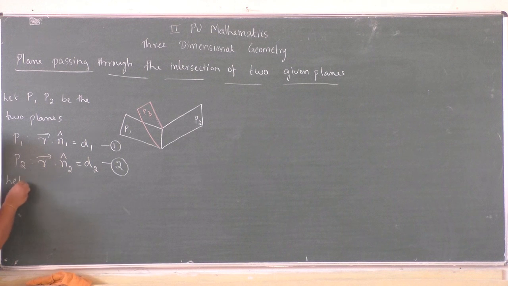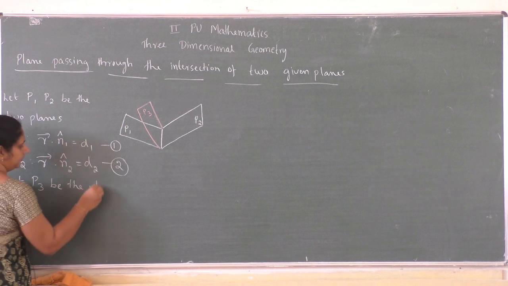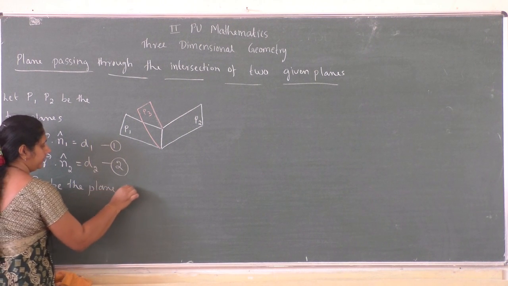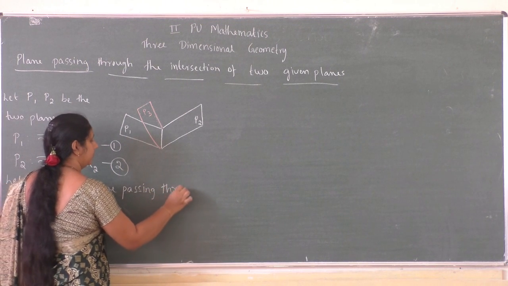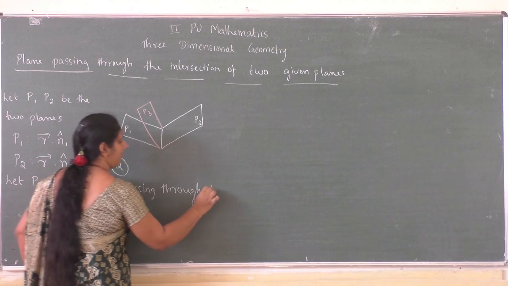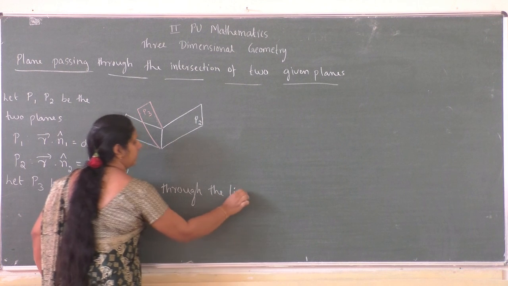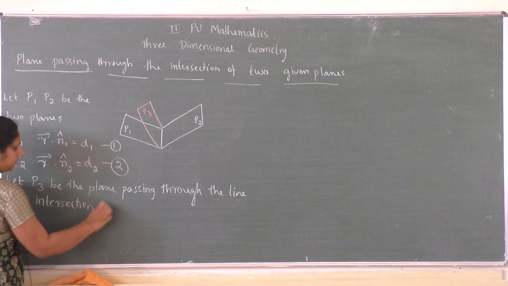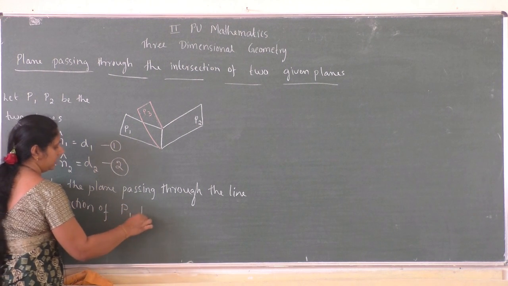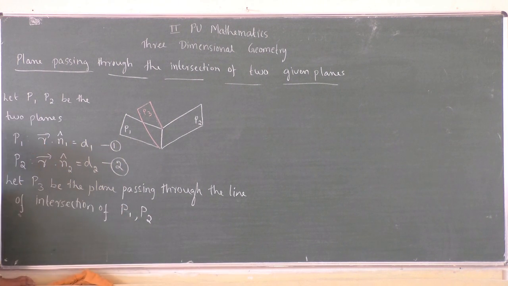Now we have to consider, let P3 be the plane passing through the line of intersection of planes P1 and P2.